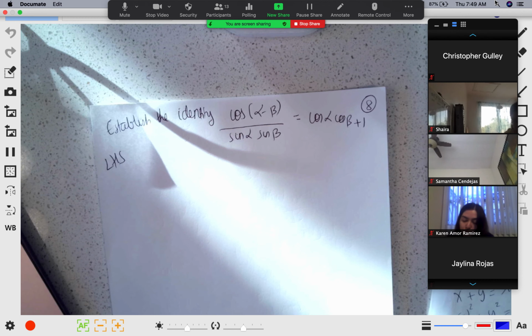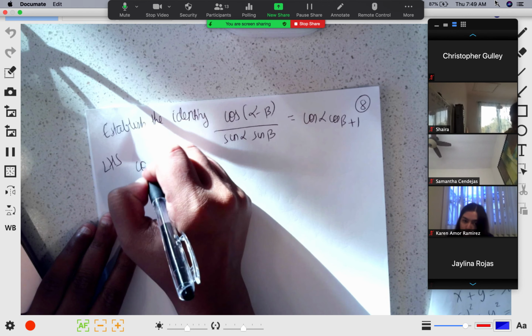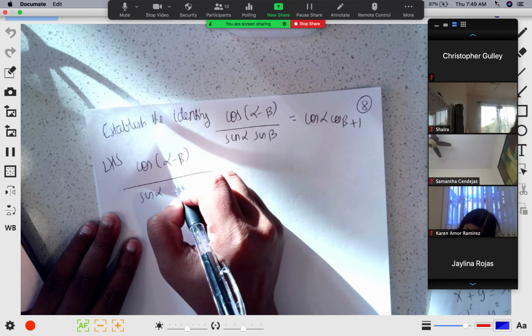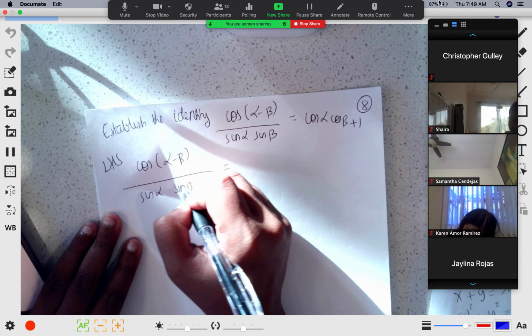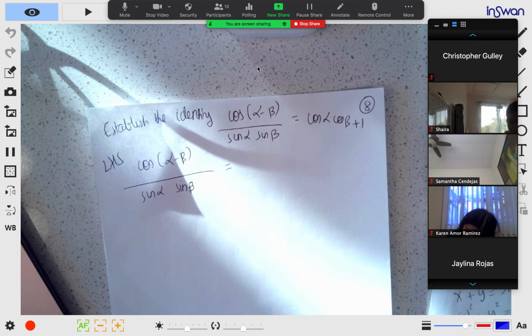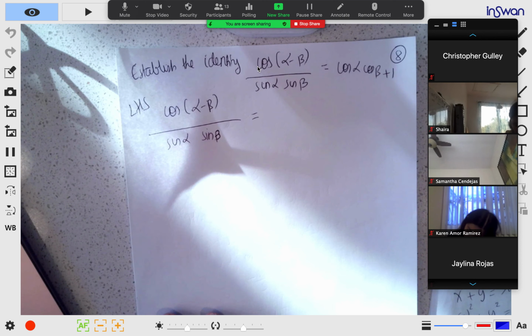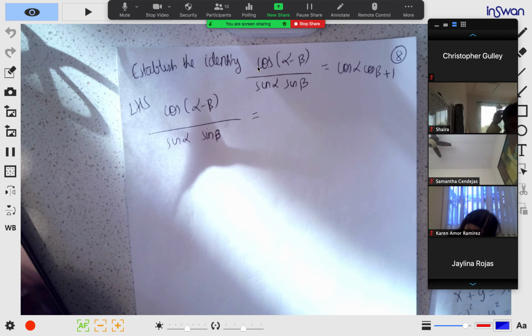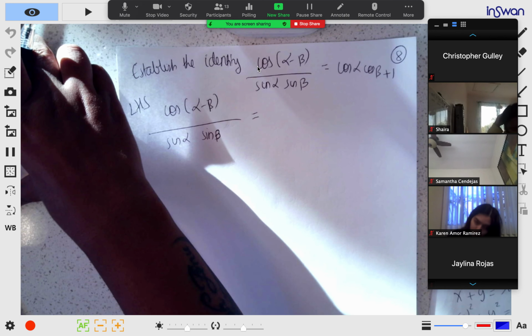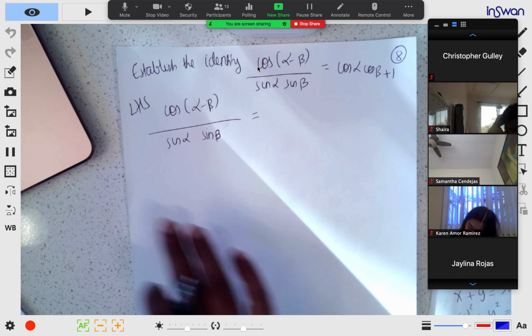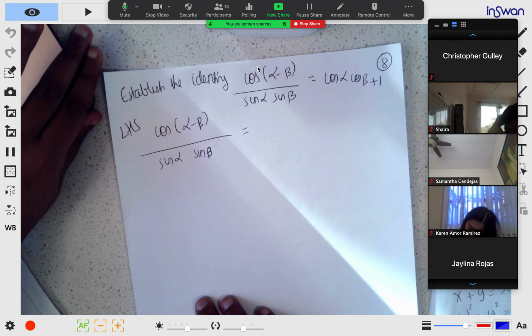So let's start with this side. You have cosine of alpha minus beta over sine alpha sine beta. I started with my left-hand side and need to prove it equal to the right-hand side.